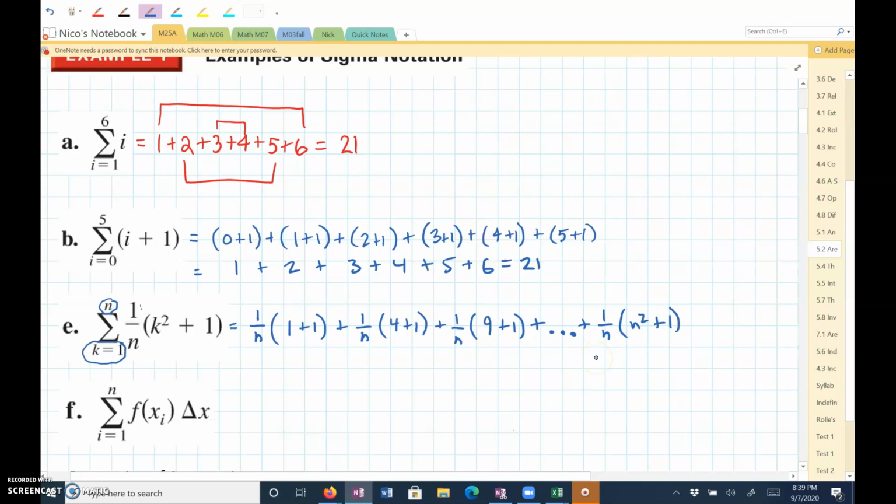Okay? So now we can simplify this a little bit. So notice here, each one of these terms in the beginning, we have 1 over n. So I'm going to factor that out in front. And then I'm going to simplify each of these. So this would be 2 plus 5 plus 9 plus dot dot dot plus n squared plus 1.